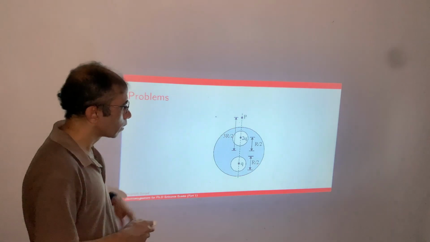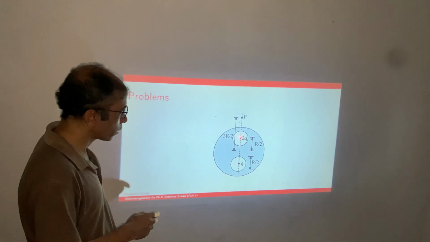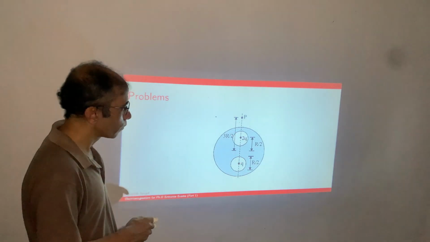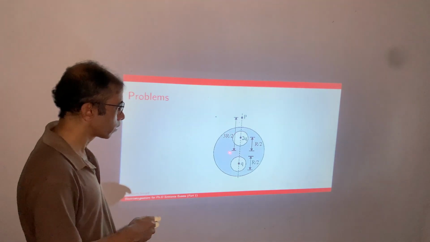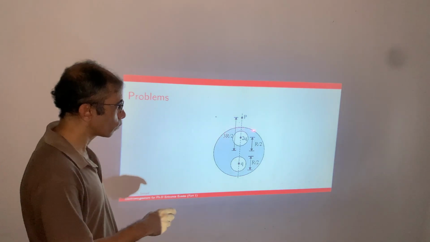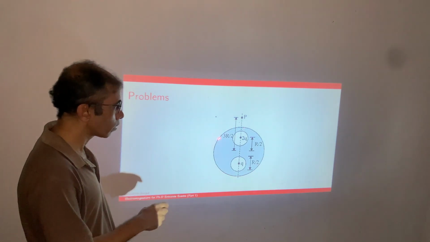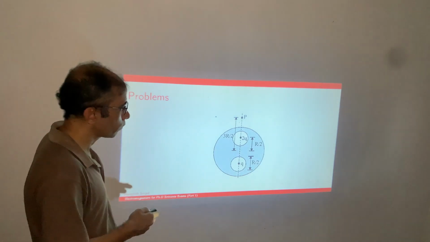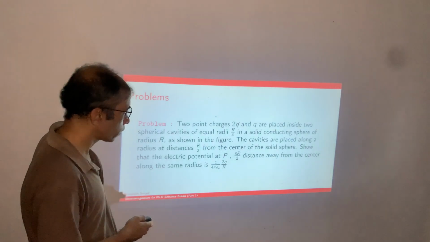So this charge and the induced charge on the inside ensure that the electric field is 0. And then the extra charge gets uniformly smeared on the surface. So we have 3Q.